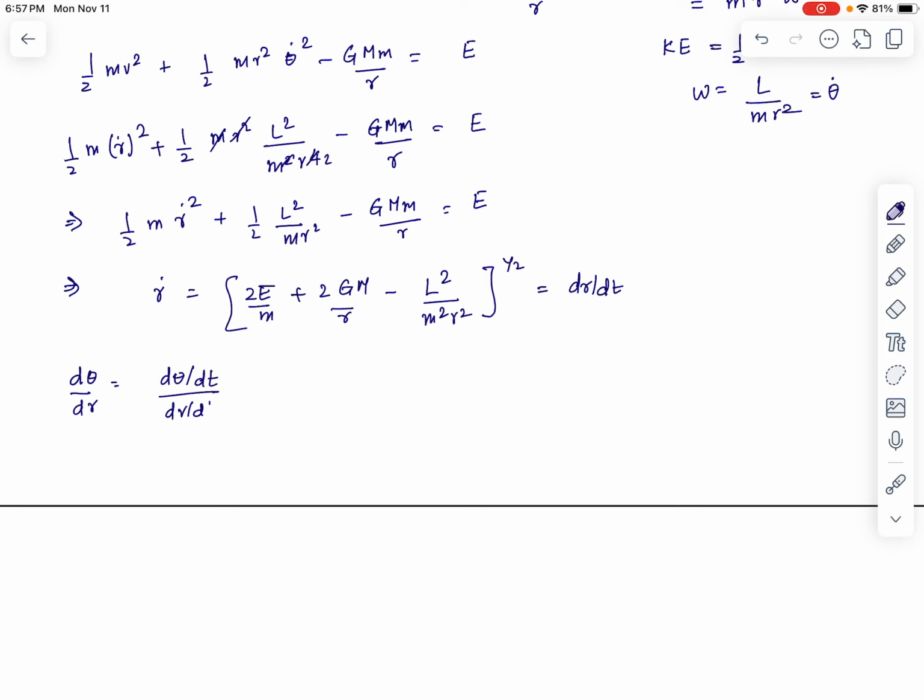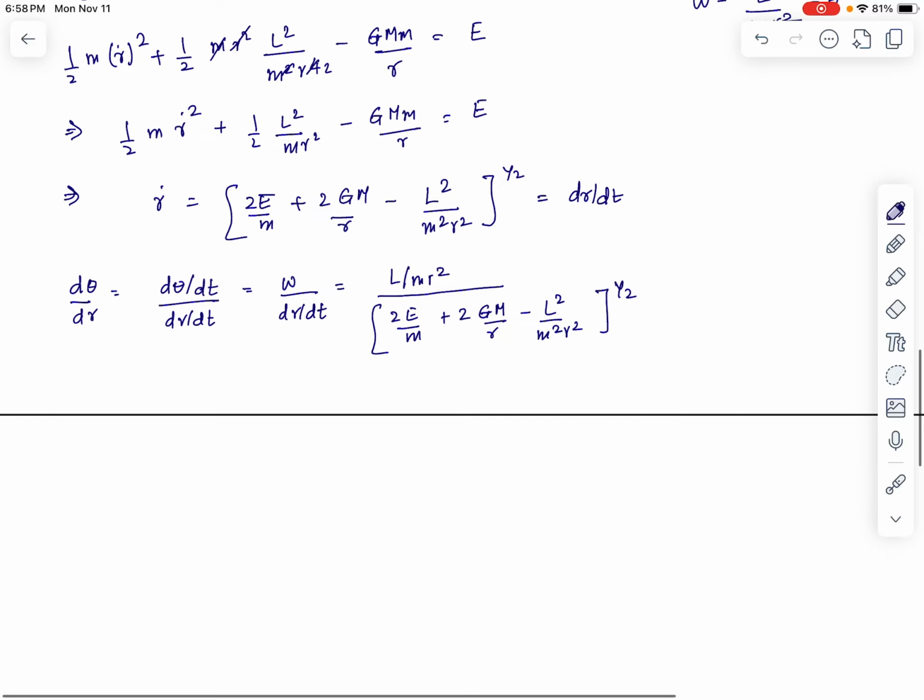This is nothing but omega divided by dr over dt, and omega is nothing but L by m r square, and divided by r dot, and r dot here is 2E divided by m plus 2GM divided by r minus L square divided by m square r square, and we take the square root of that. Okay, so that's what we have.